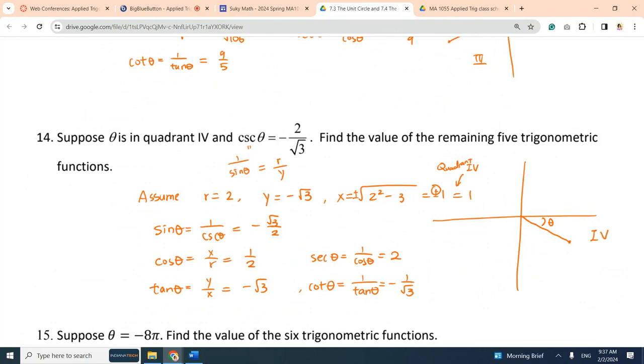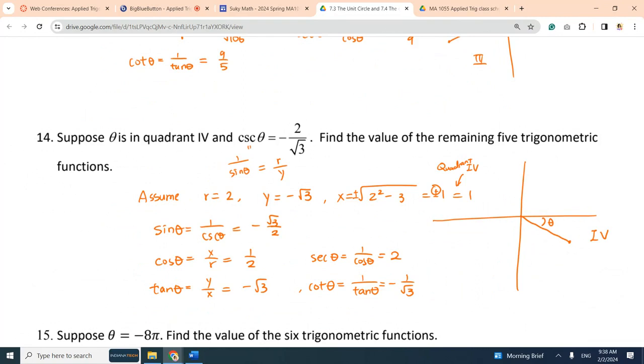So remember, x squared plus y squared equals r squared. When you solve for x, you subtract y squared on both sides. We get r squared minus y squared. But when you take the square roots, you get plus or minus square roots. So plus or minus r.